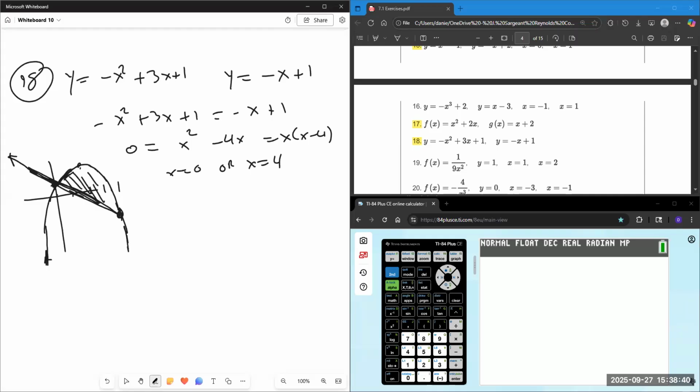I'm talking about this shaded region right here, where the parabola is above the line from x is 0 to x is 4.